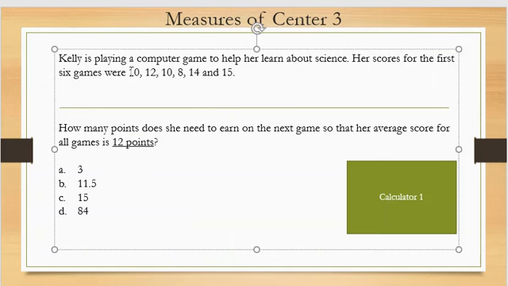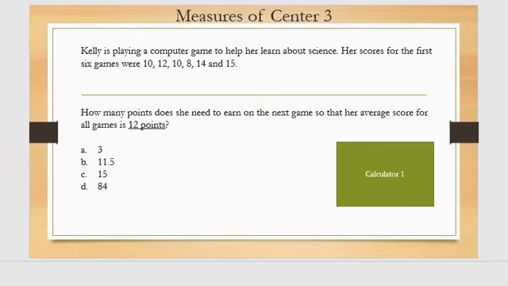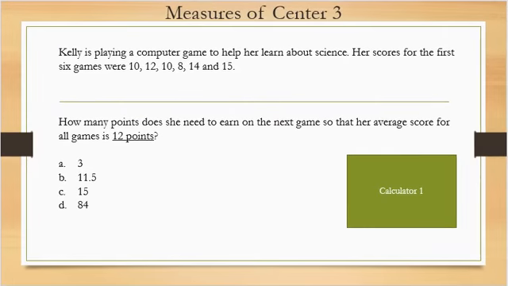And then up here are the first 6 games. So what I'm going to have to do next is add those together with an x. So here, I'm going to have to write this one out. I thought I had it.